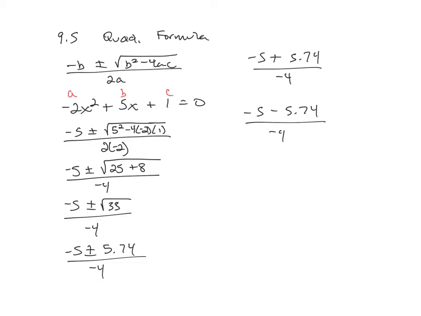So we get negative 5 plus 5.74 equals 0.74, and then divided by negative 4, and we get negative 0.185.